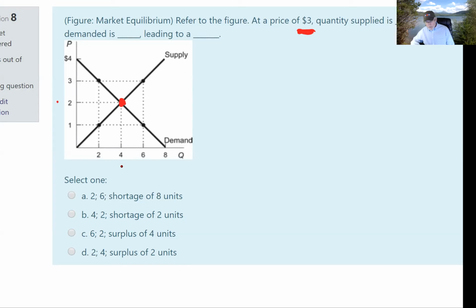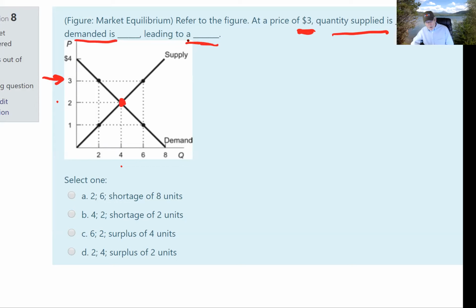The question asks at a price of $3. Now that's not the equilibrium, but we're asked if the price is $3, what is the quantity supplied going to be? What is the quantity demanded going to be? And what is that going to give us?